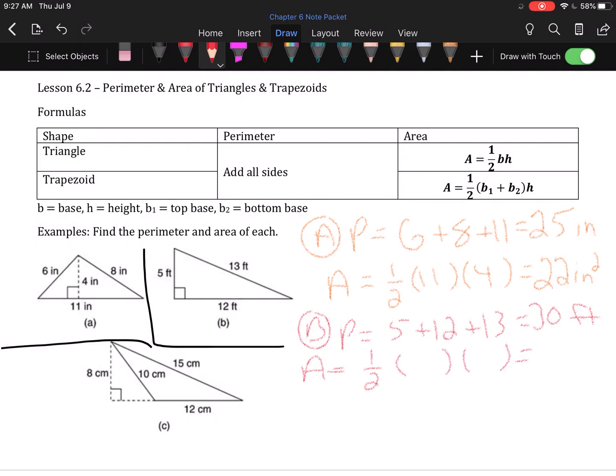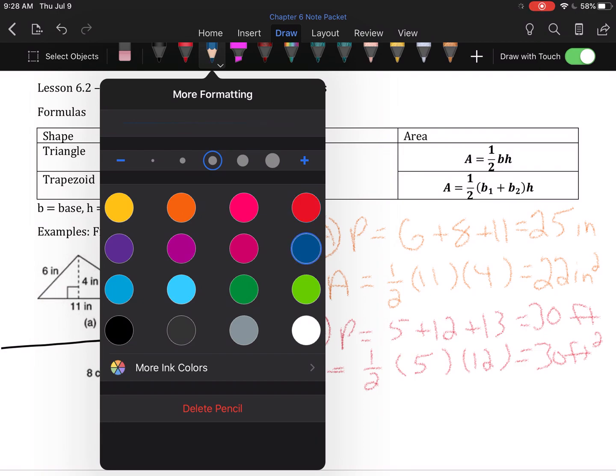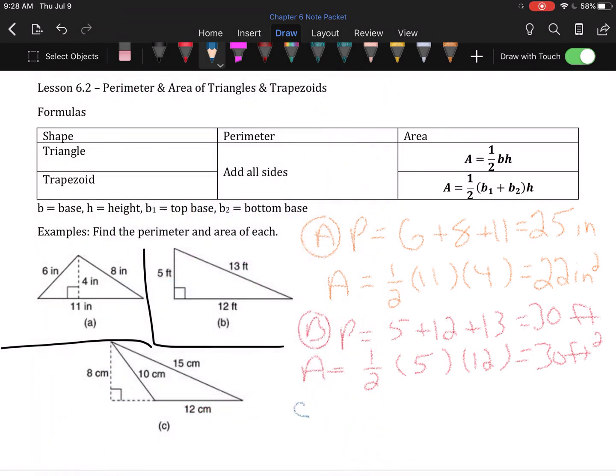The base and height are perpendicular, 90 degrees. Those are 5 and 12. 1/2 of 12 is 6. 6 times 5 is 30. The perimeter and area are the same number here. That can happen. It won't happen often, but it is a possibility.